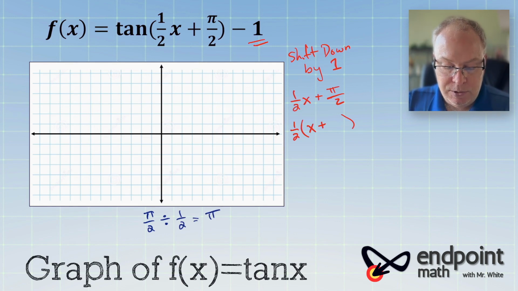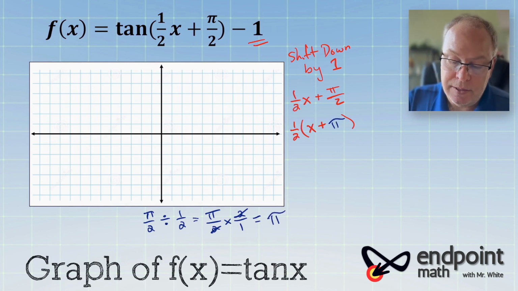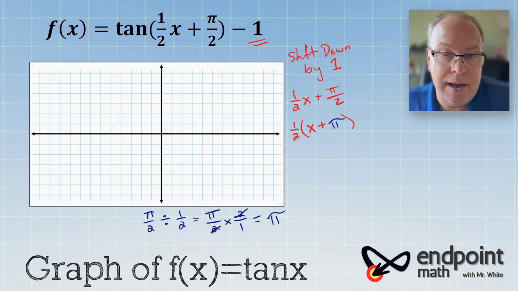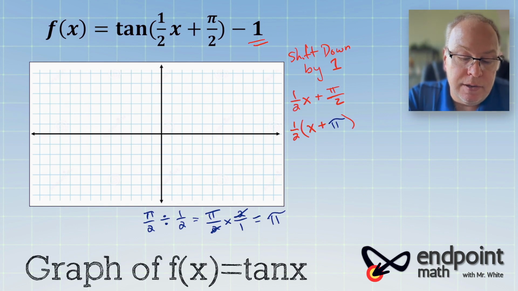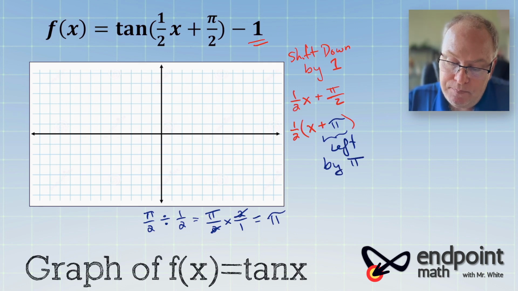So because of keep, change, flip, you end up multiplying by 2 over 1, right? And if you multiply straight across, you get 1 pi. So this would be pi there. You can always check your work because 1/2 times pi does equal 1/2 of pi. So that makes sense. All right, so now we see this is left by pi.